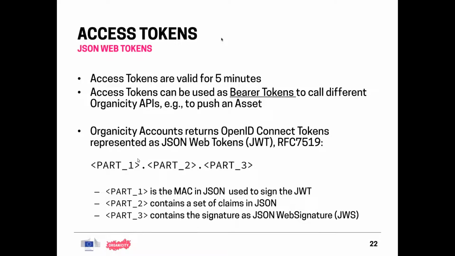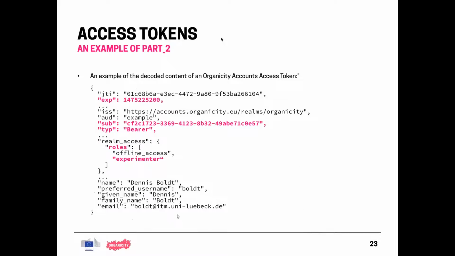I will show you in a second what they look like, but such a JSON Web Token, or JWT, has 3 parts, each divided with a dot. The first is a header, the second contains a set of claims, and the last one is the final signature. An example of the decoded claims could be this JSON.